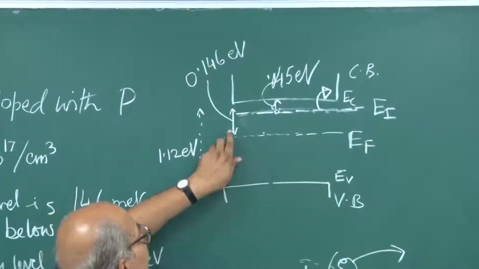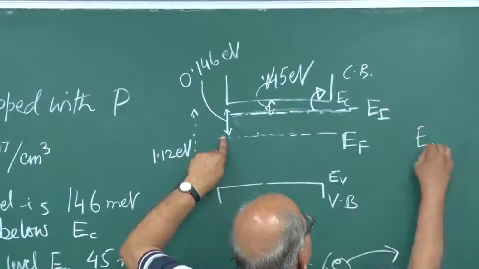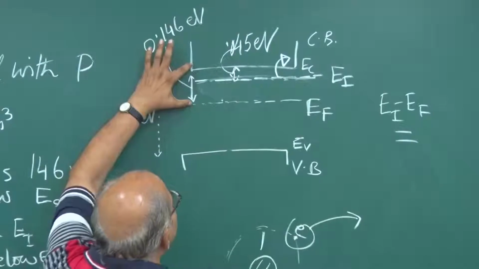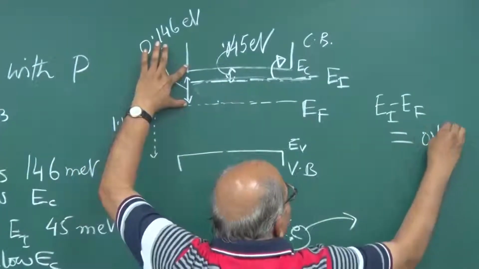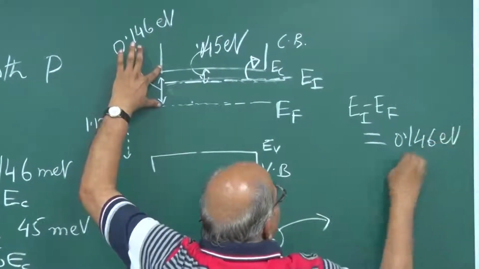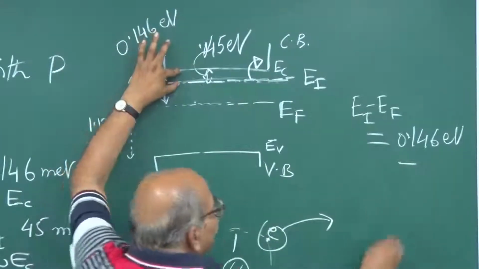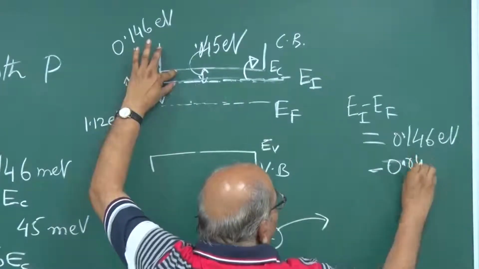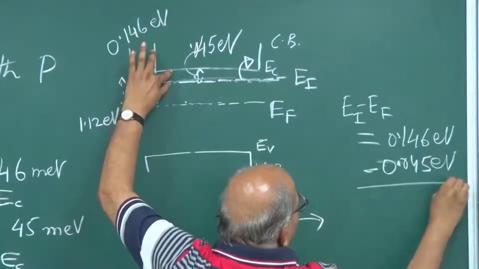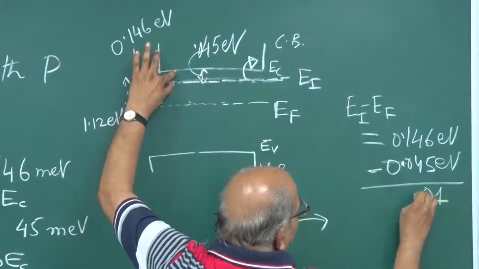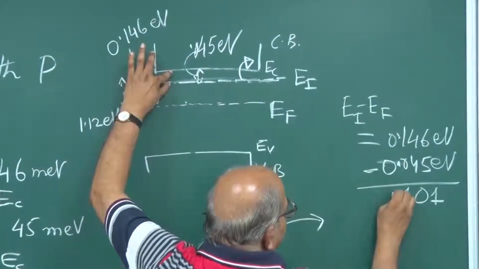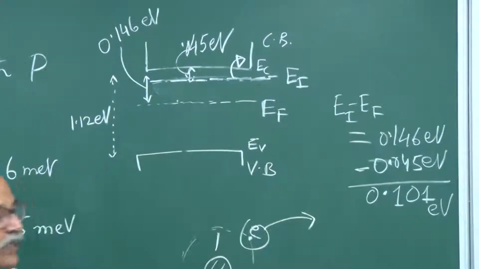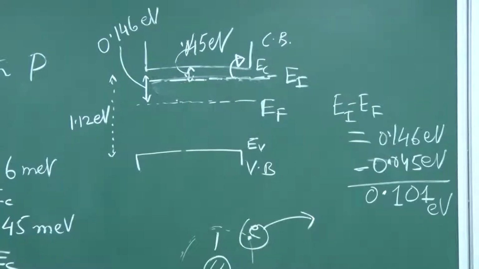It will be 0.146 eV minus 0.045 eV, and that will be 0.101 eV or 101 millielectron volts.